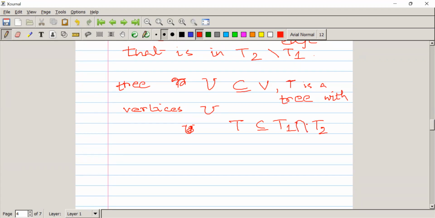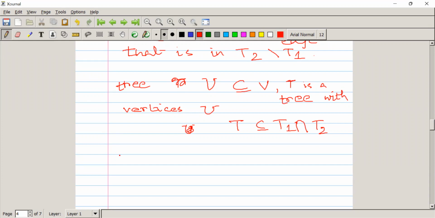That means the vertex set U is a subset of the original vertex set V, and we have added some edges between the vertices of U, and those edges are common to both T1 and T2. And E was the first edge that was not in T1 but was in T2.